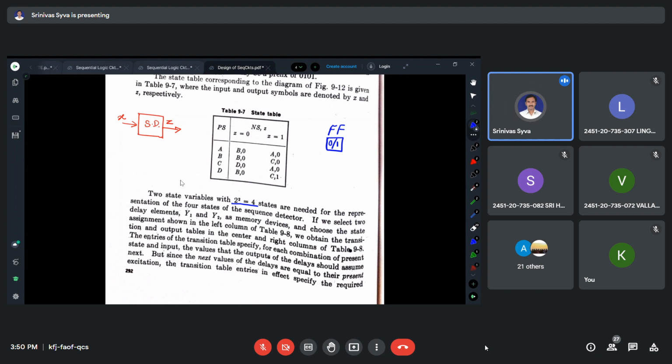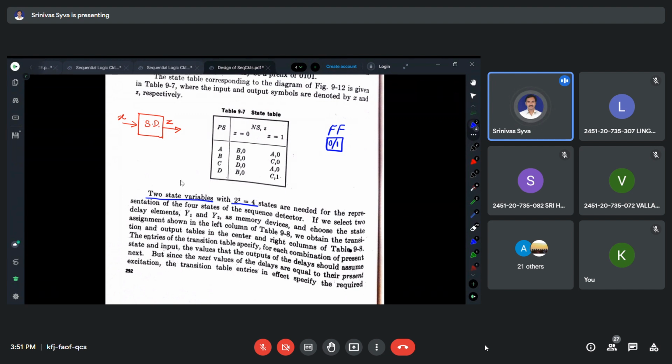Here we have 2 state variables, and 2 flip-flops are required. 2 state variables means we take some flip-flops.